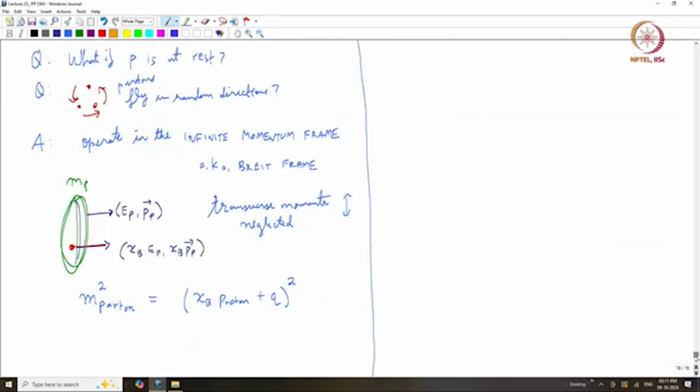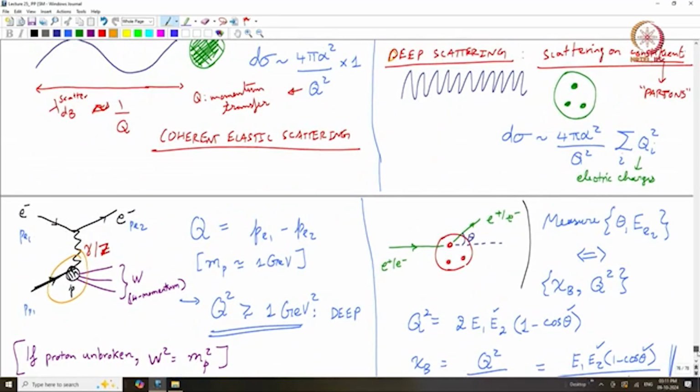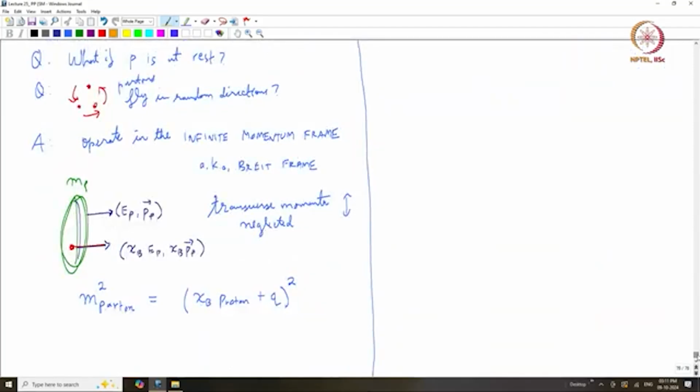So in the final state, if I want to get the 4 momentum of the final state, I have to add up the 4 momenta of these 2 initial states at that junction. So that is what I have done, and easily enough that means XB is nothing but Q squared over 2 PP dot q.